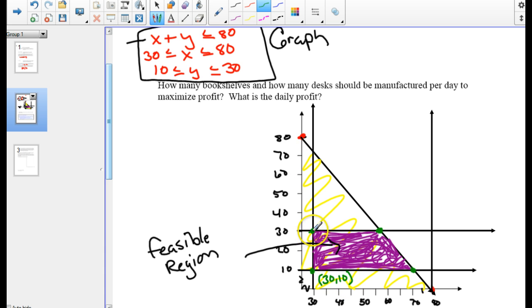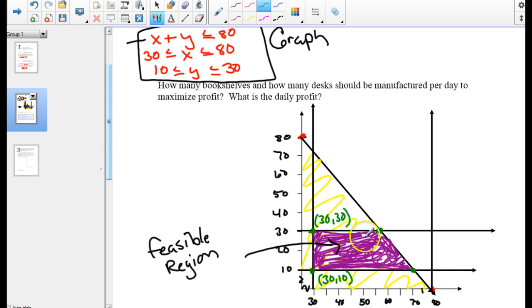This corner is at what? 30, 30. This one over here, it's kind of hard to see. We're not exactly sure. Okay, it looks like 70, 10 possibly. And this one's possibly, I'm not sure either.